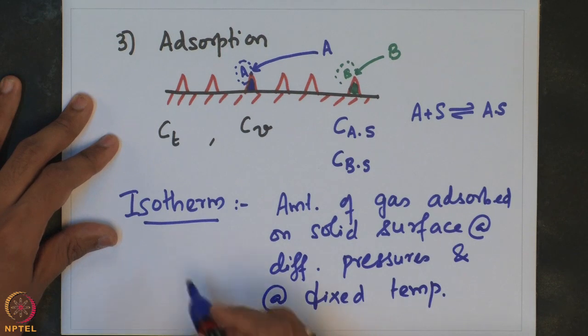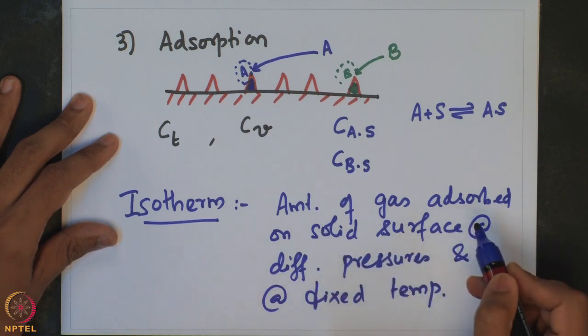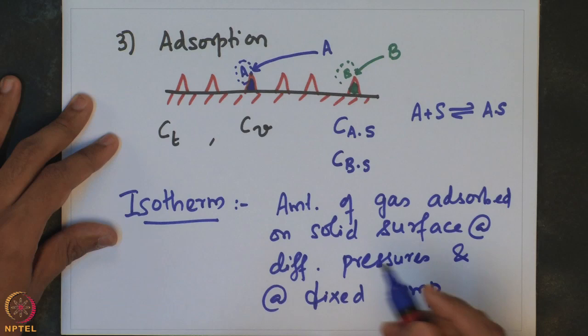So, how do we find this isotherm? How do we find the relationship between the amount of gas adsorbed and the rate at which the species is getting adsorbed? Let us look at what really happens at the molecular level. The gas species coming close to the active site of the catalyst or the solid surface in the pores, the gas molecules present will collide with the catalyst species at the surface.